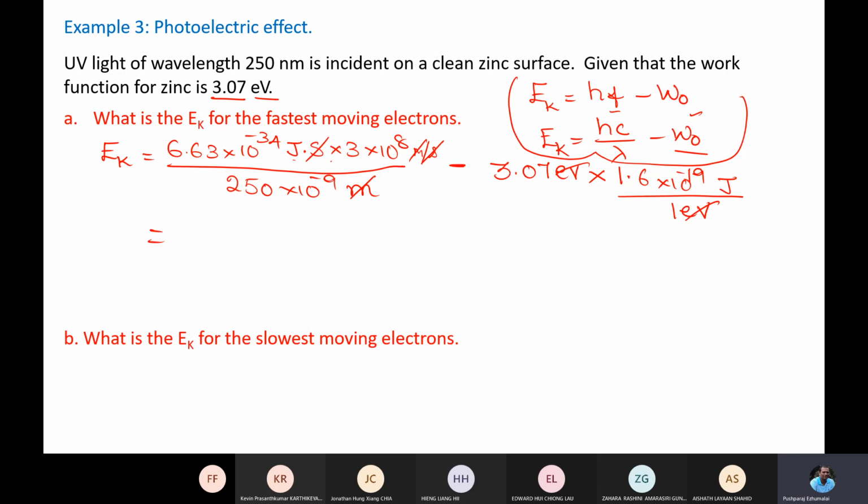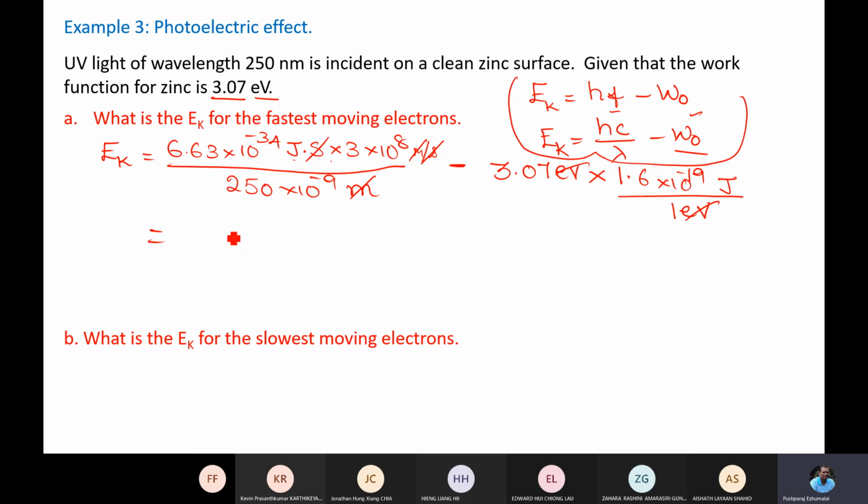6.63 10 power minus 34 into 3 into 10 power 8 divided by 250 10 power minus 9, minus 3.07 multiplied by 1.6 into 10 power minus 19.